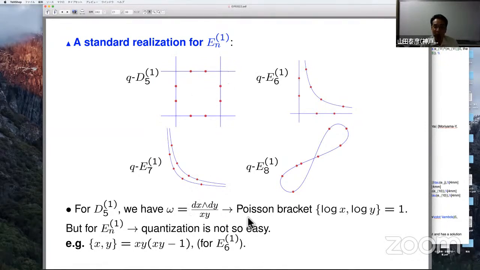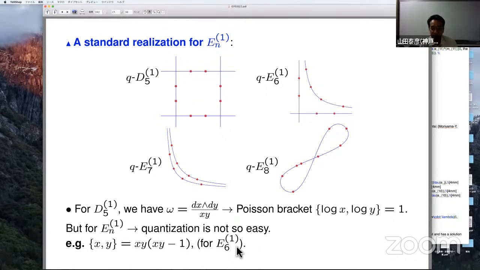So the Poisson bracket is given by the standard canonical form in log variables. And this is why the quantization was easy in this case. But in other cases, the Poisson structure is not the standard canonical form.